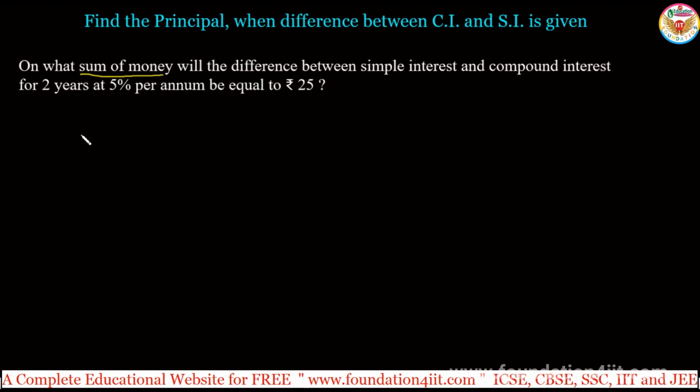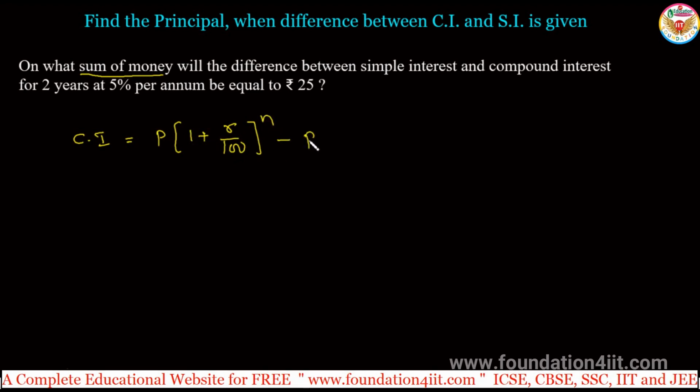We already know the compound interest formula. That is P into 1 plus R by 100 to the power n. This is the amount formula, then minus P. Amount is equal to P into 1 plus R by 100 whole power n.